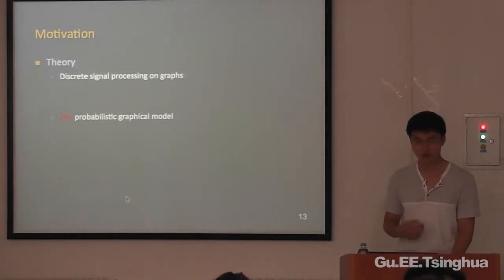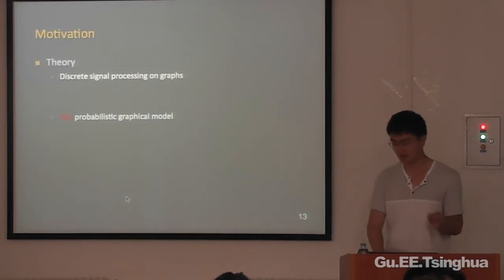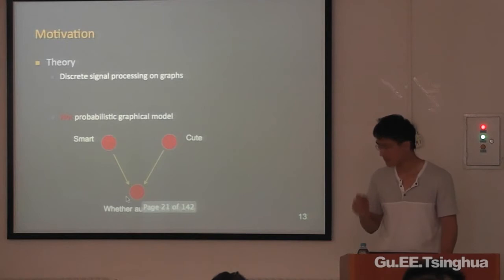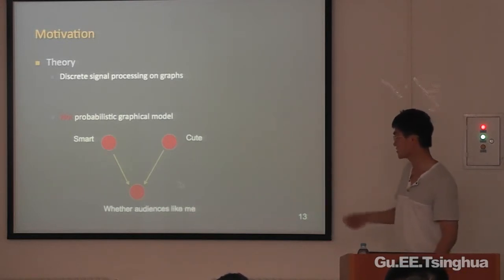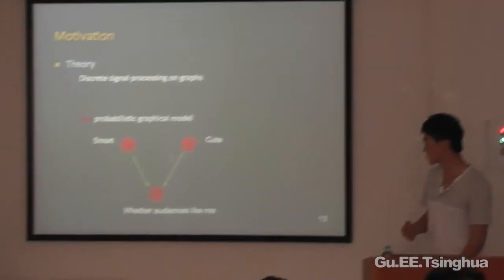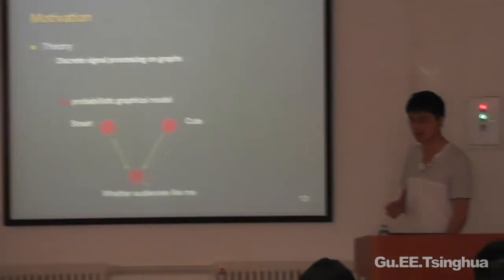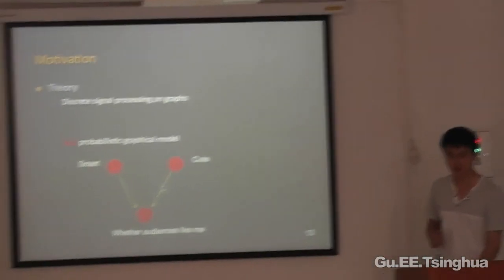In a probabilistic graphical model, they consider the structure of a series of random variables. For example, am I smart? Am I cute? Do the audience like me? We assume smart and cute are independent. But if we observe that the audience like me, then they are dependent. So they have a V structure here.